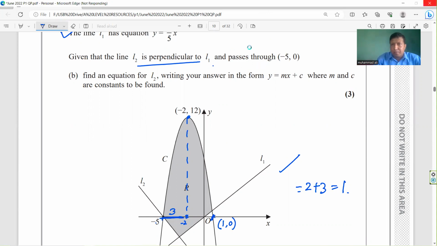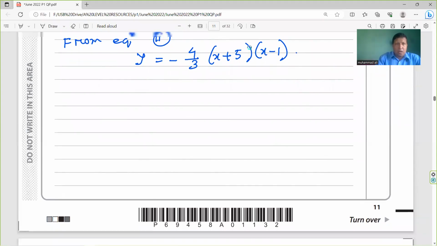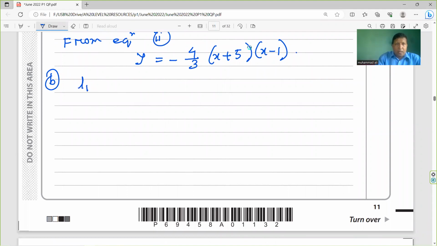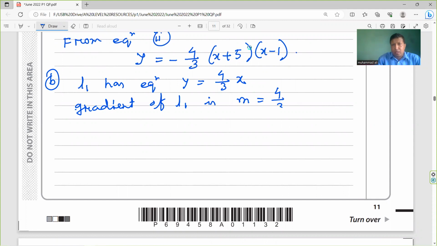Now, the L1 line has equation y equals 4/3 x. So the gradient of L1 is m equals 4/3.